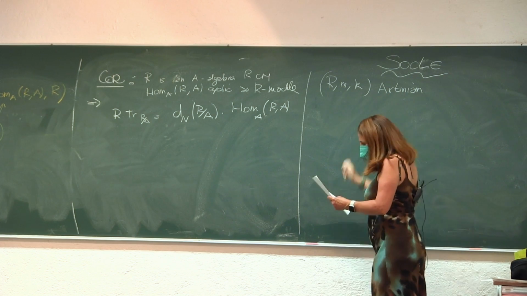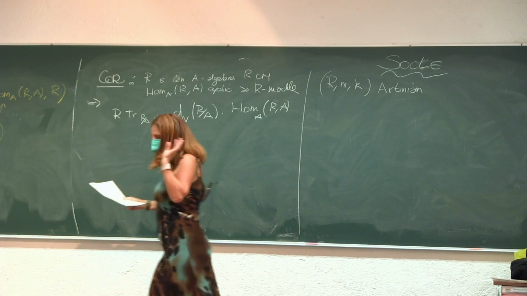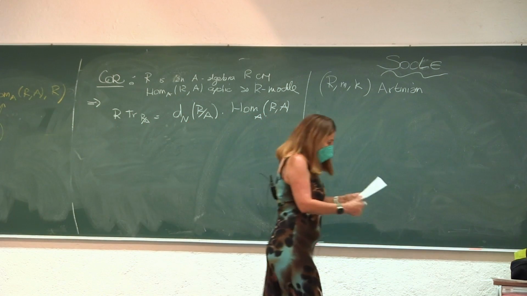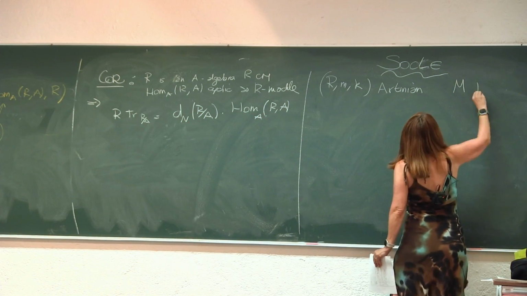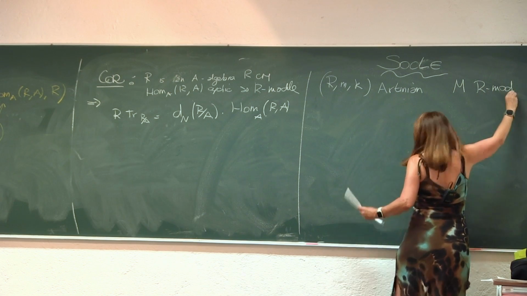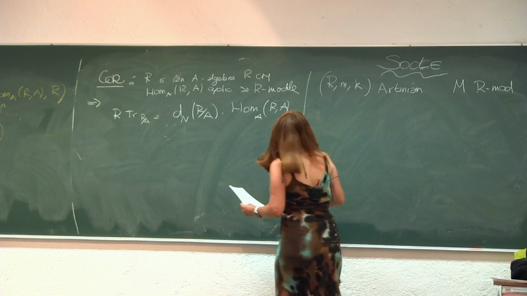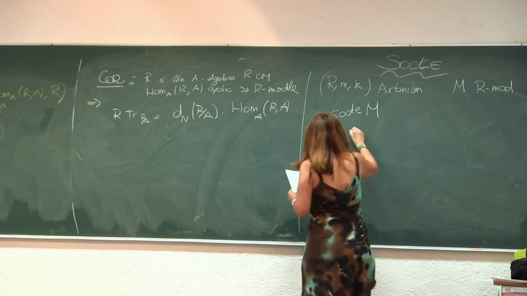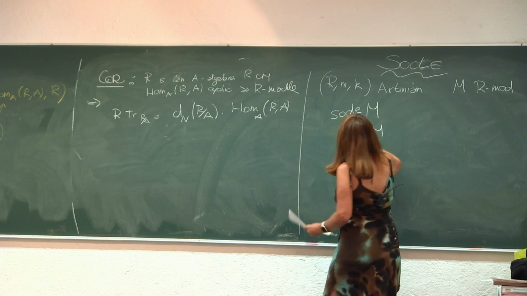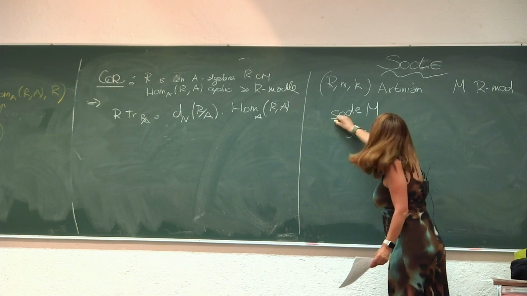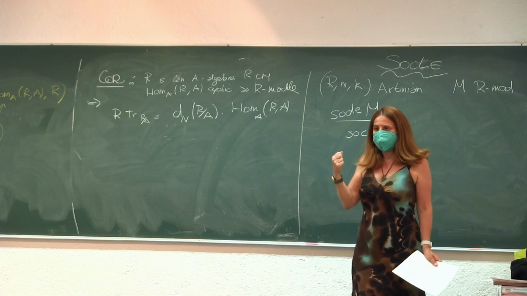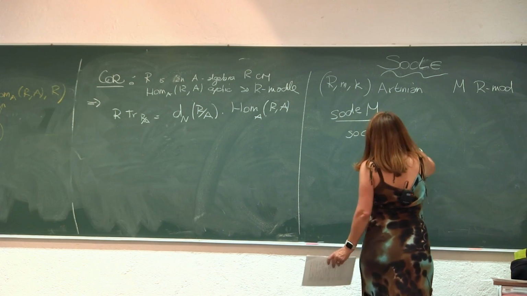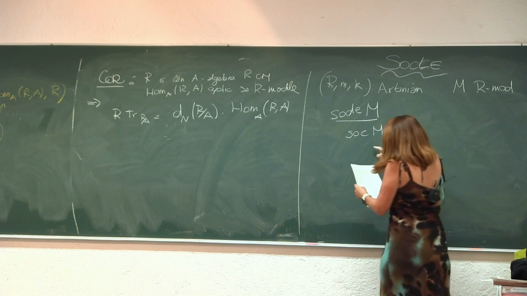So now I assume that R is Artinian. Okay? So it's a local K-algebra and is Artinian. Now, if you have any R-module M, what is the socle? What's the socle of M?